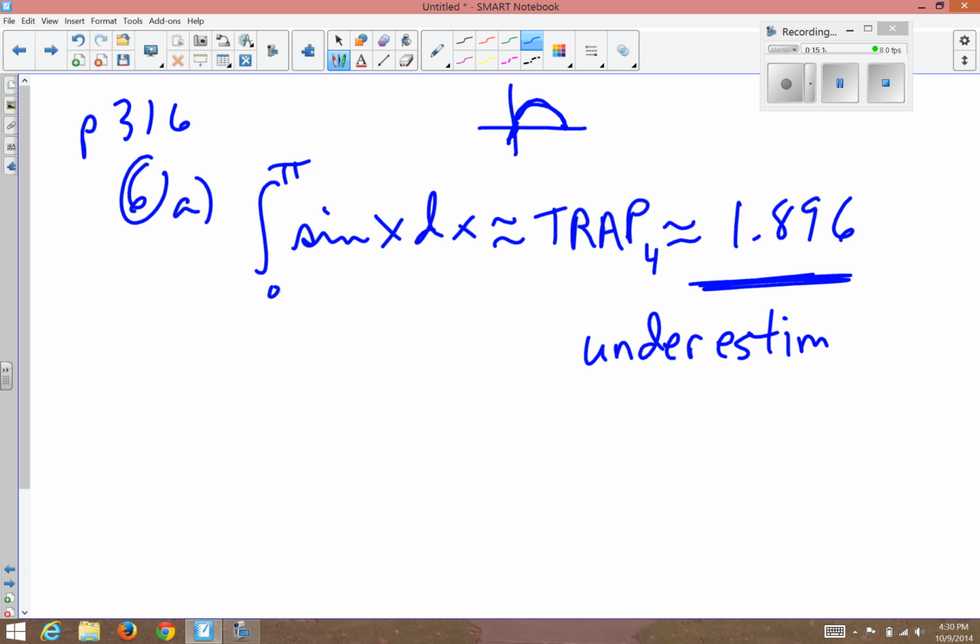In other words, it's an underestimate of the actual area between y equals sine x and the x-axis between 0 and pi. So that's Part B.